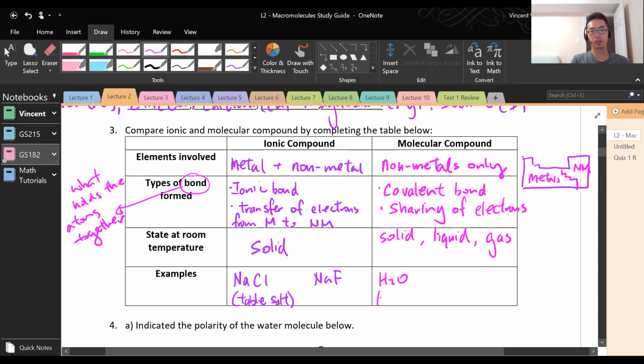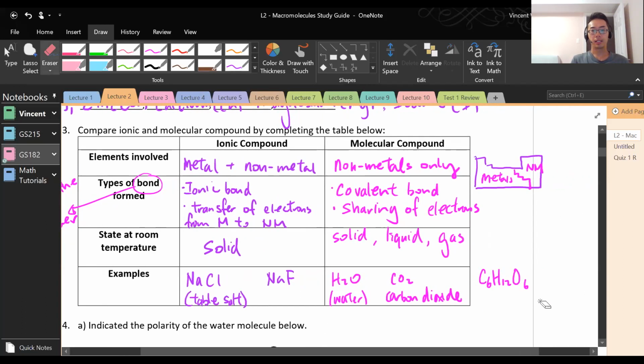That is H2O, you know that already. Carbon dioxide would be like a gas at room temperature. Water would be liquid at room temperature. And then it could be like C6H12O6. Anybody know what that is?